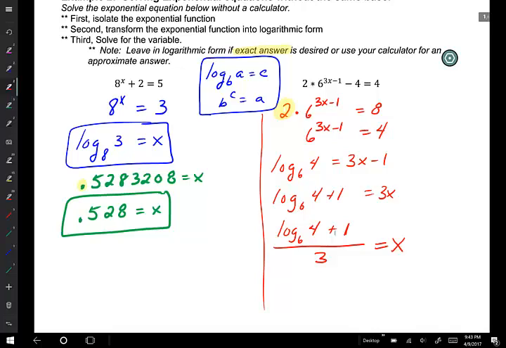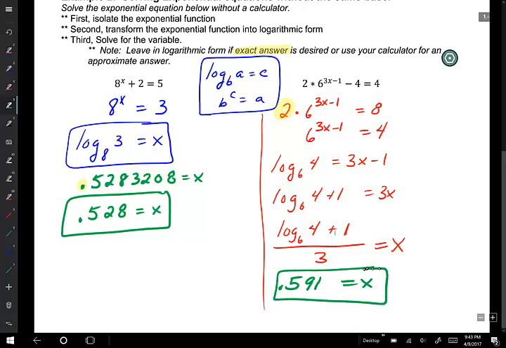Then we're going to take that answer, add 1 to it, and then divide that answer by 3. So my answer as a decimal is going to be 0.591 equals x. So once again, in green is our approximate answer, and now in red is our exact answer.